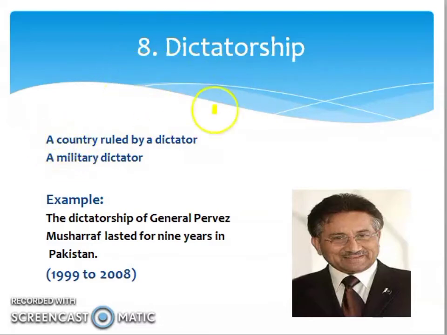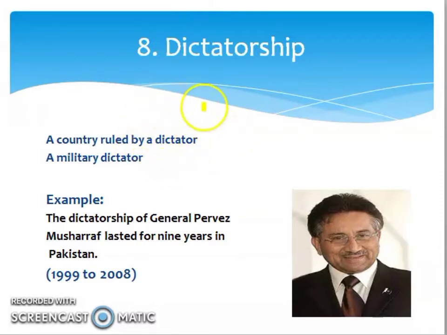A dictatorship is a type of government where a single person, that could be any person, military or king or whoever, rules the country. So he dictates, as I mentioned in the previous word, that a dictator just goes with his own say, is not willing to listen to other people, so he's not democratic, right?